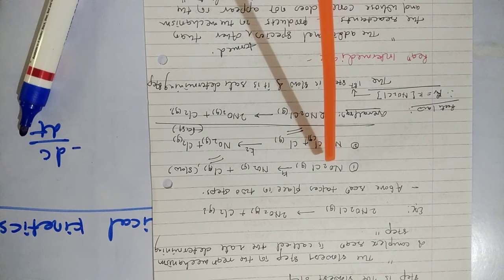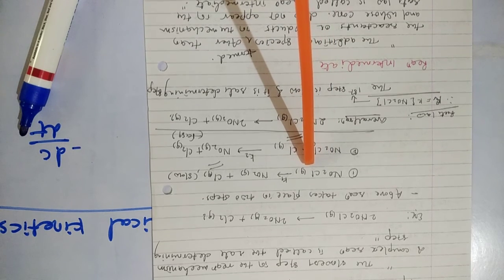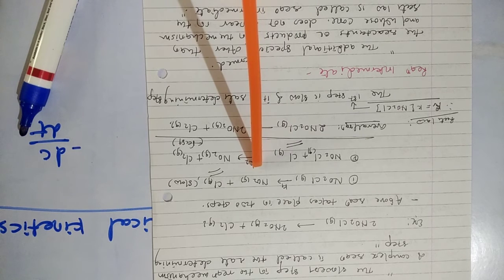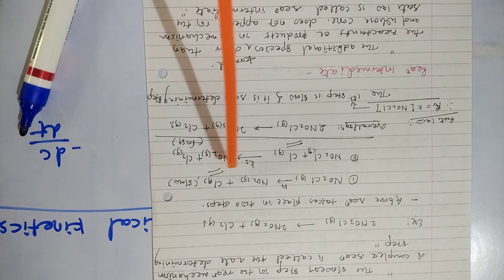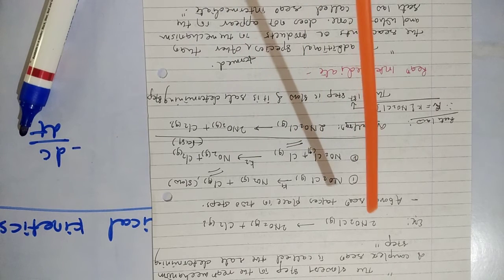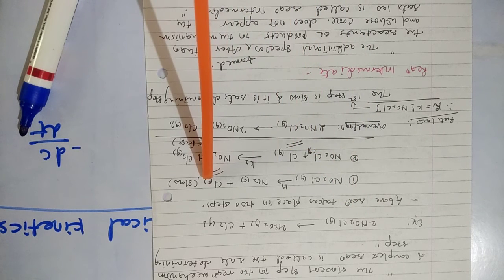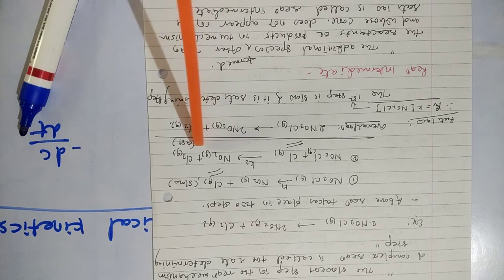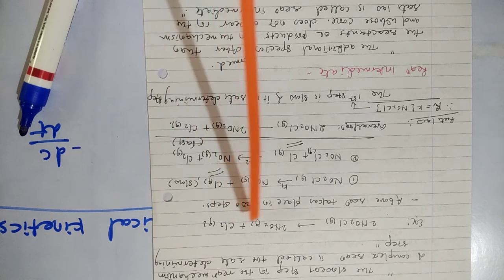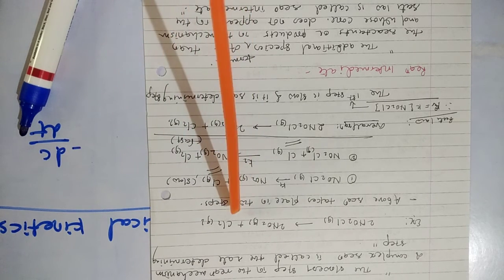In the first step, NO2Cl, one molecule, gives NO2 plus Cl, gaseous. In the second step, another molecule reacts with this Cl, the product of the first step, to give NO2 plus Cl2. Okay, it takes 2 steps to give the final product.